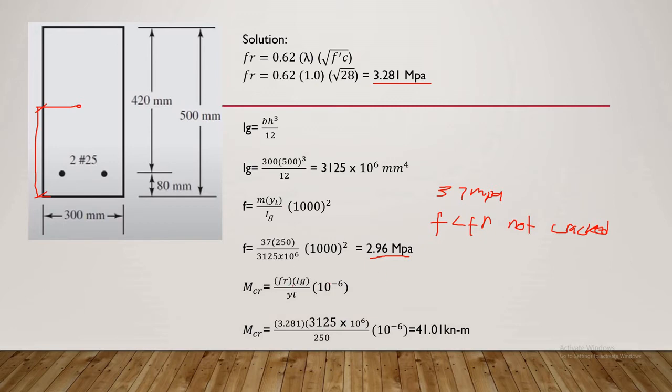Okay, so substituting the values, we got the FR na 3.281 and yung moment of inertia na 3,125 times 10 raised to 6, and yung ating YT na 250 millimeters. So, ang ating cracking moment dito sa ating section is itong 41.01 kilonewton meter.